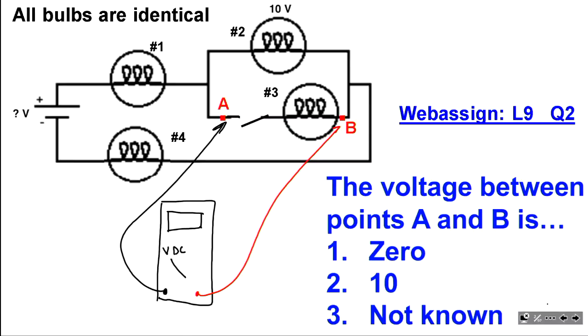Well, in this situation, we can apply different ways of thinking. For example, just a rule which says parallel means same voltage, which is 10. How do we know? We have eyes.